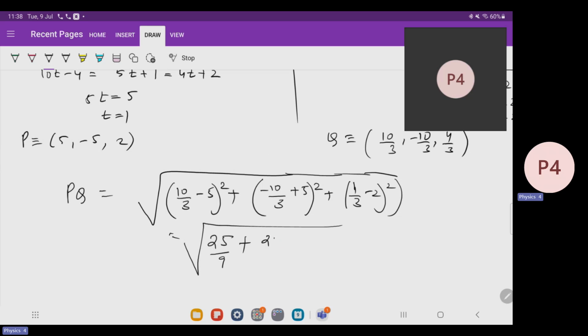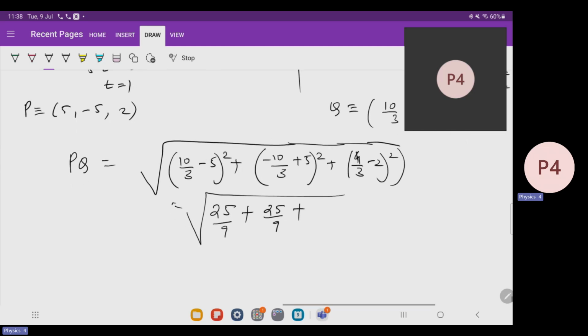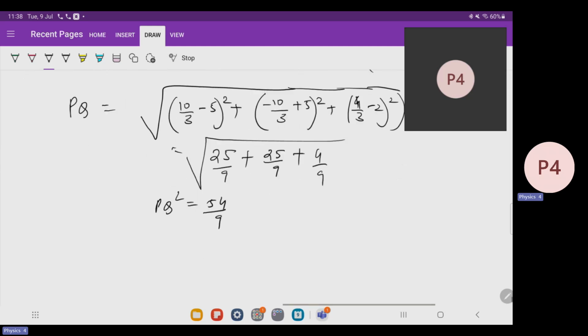This is 5 by 3, again square will become 25 by 9. This is 4 minus 6, minus 2 by 3, this will become 4 by 9. So PQ square will actually become 54 by 9. This is 6. So 3 PQ square will become 3 into 6, which is 18.